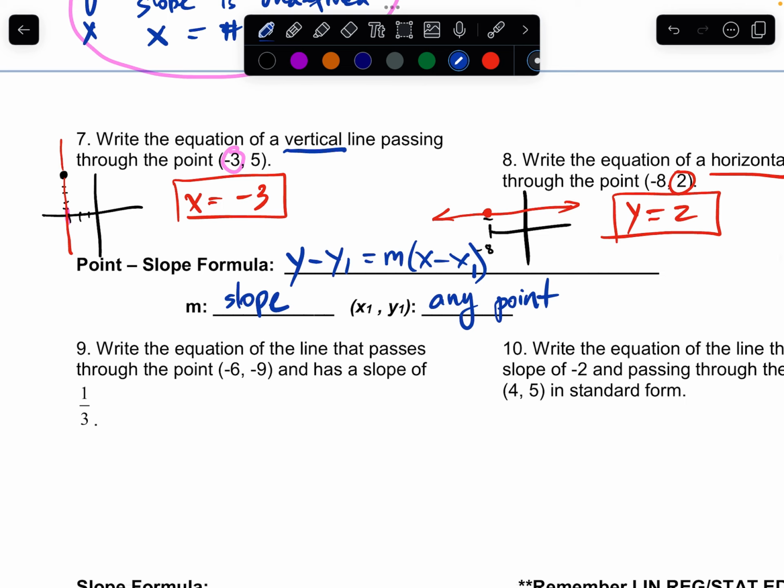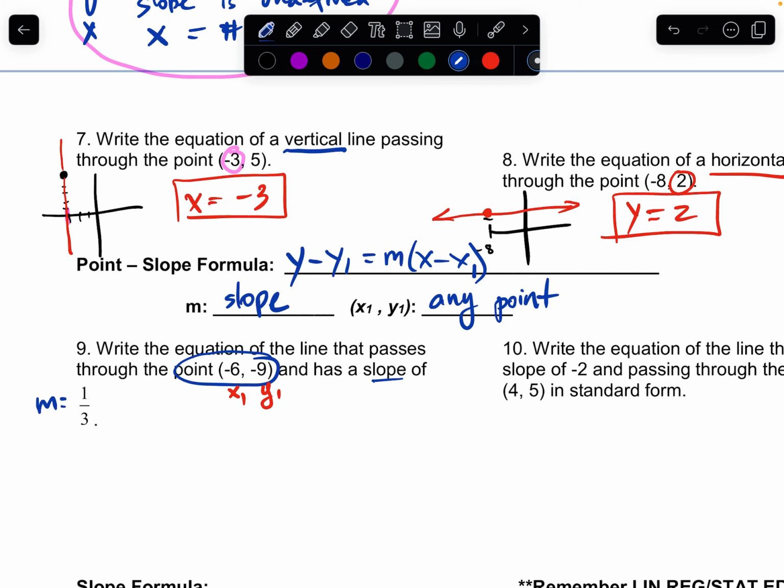Let's go here. Write the equation of a line that passes through the point negative 6, negative 9, with a slope equal to 1/3. Remember, this is x1 and this is y1.